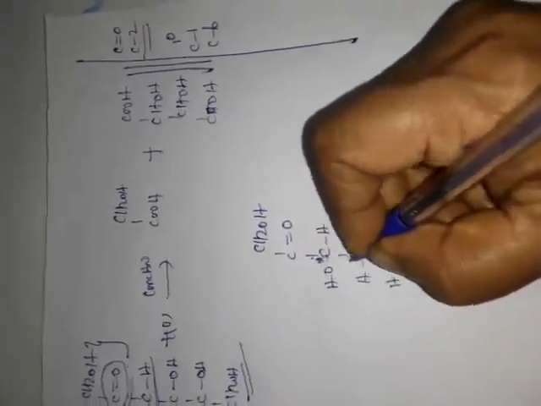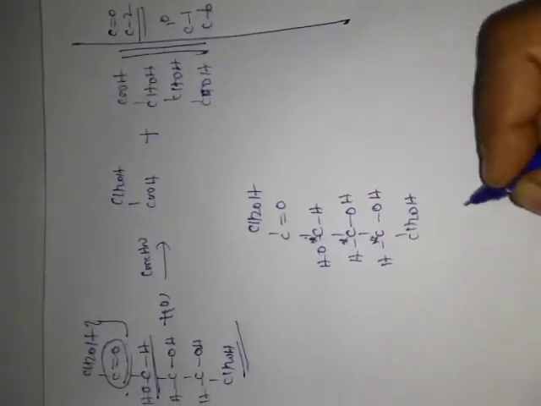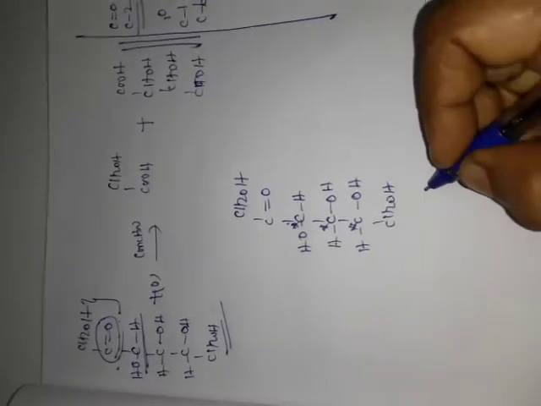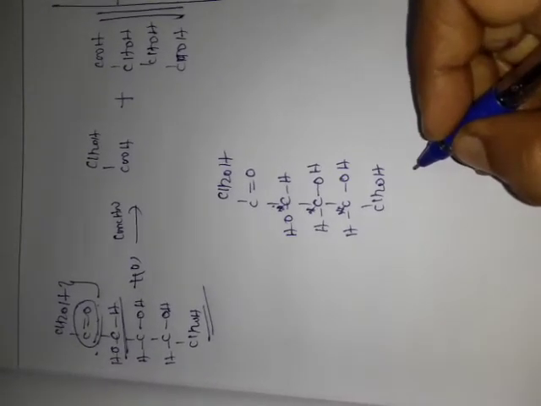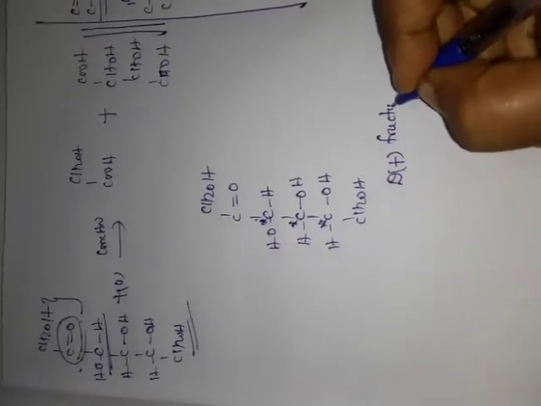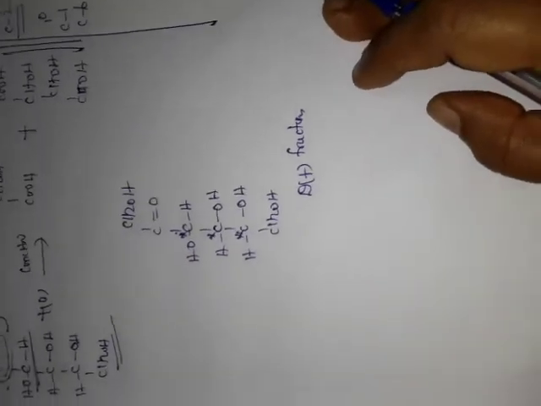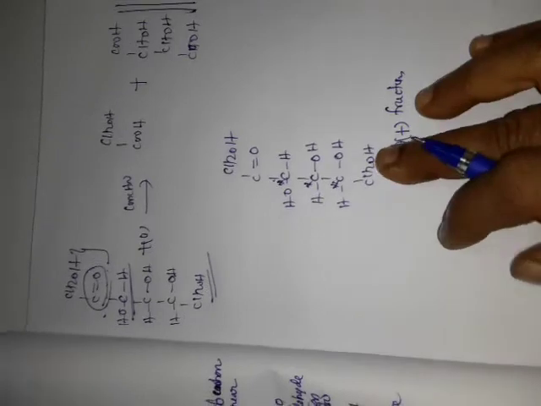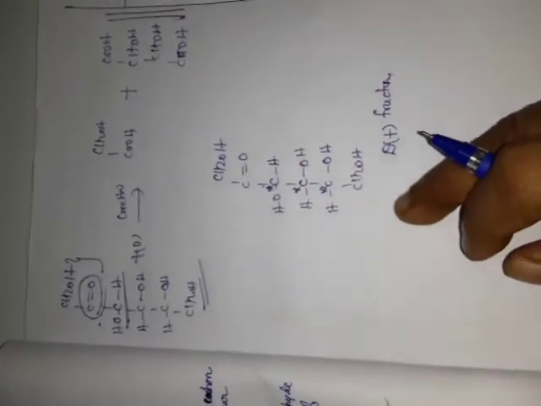These are asymmetric carbons, three asymmetric carbons. Asymmetric carbon means carbon having 4 different groups. This is called the D plus fructose structure. Based upon the 7 tests, we have arrived at this structure.